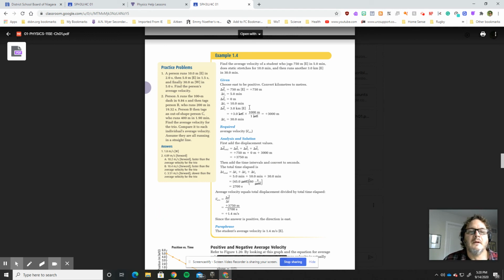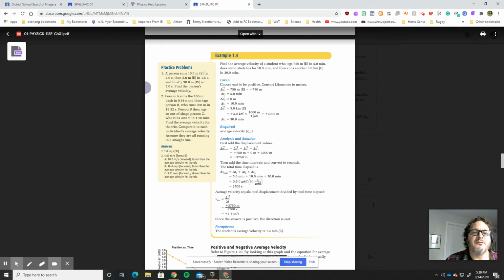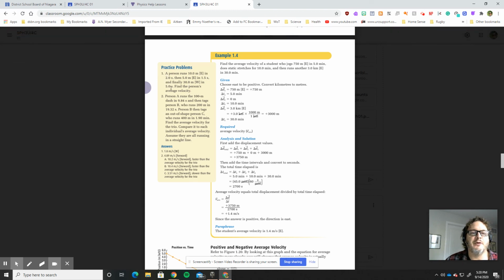Okay, so in this practice problem, a person runs 10 meters east in 2 seconds, then 5 meters east in 1.5 seconds, and 30 meters west in 5. Find the person's average velocity. You can't just do 10 over 2 plus 5 over 1.5 plus 30 over 5 and divide those by 3.